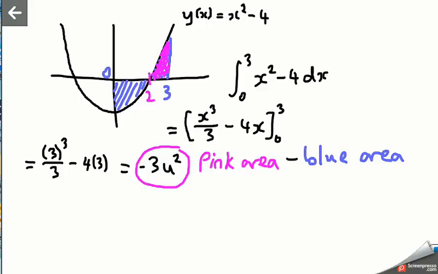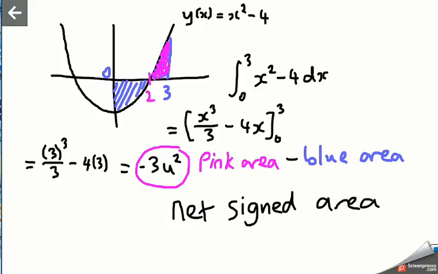Okay, so what we worked out was the pink area minus the blue area, and that's called the net signed area. So the net signed area is actually just the definite integral from x equals 0 to x equals 3.